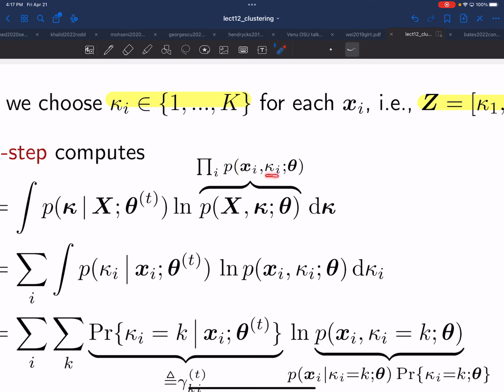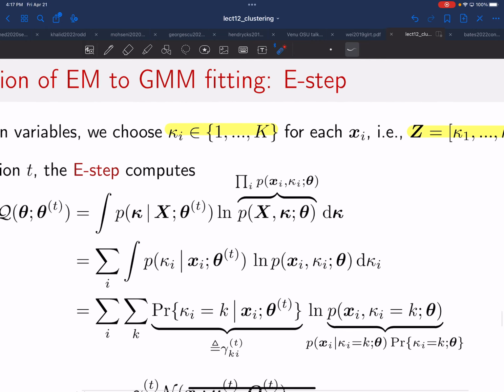So kappa I is telling us essentially the probability that Xi came from some particular value k. We're just going to assume that both of those things are independent across our data samples. That means that this is a product distribution, product over I of this stuff. Okay, so that's nice because that's our first simplification.